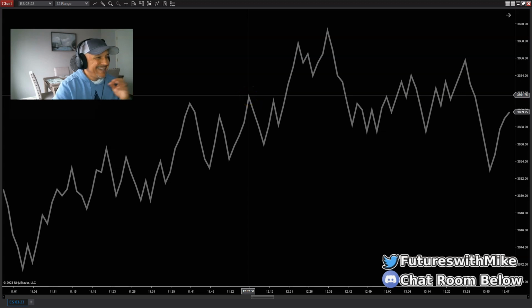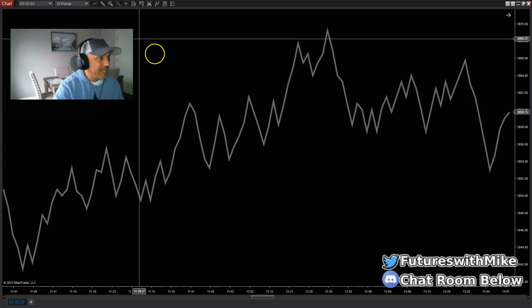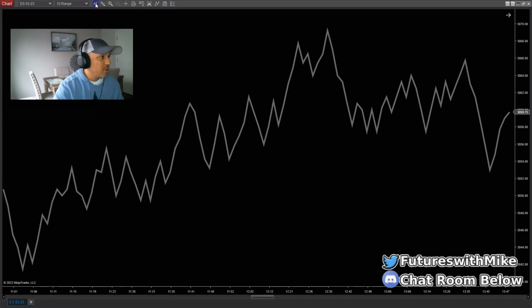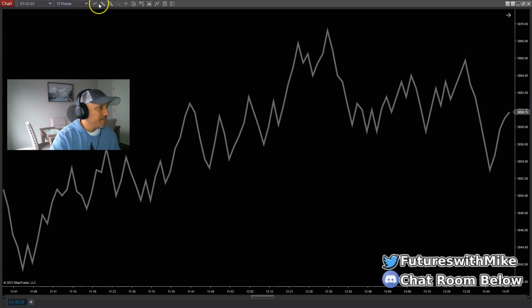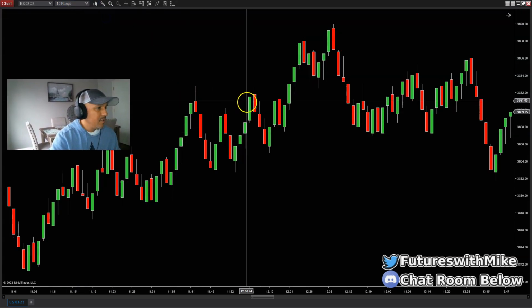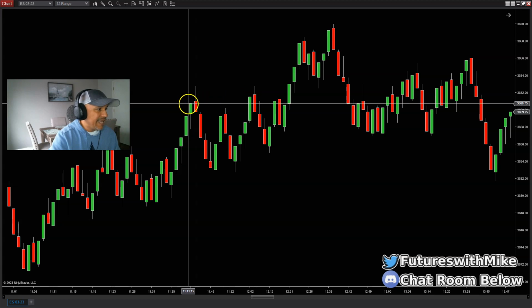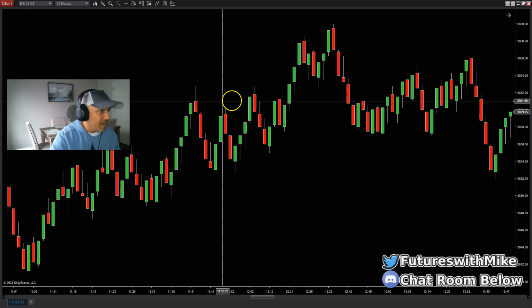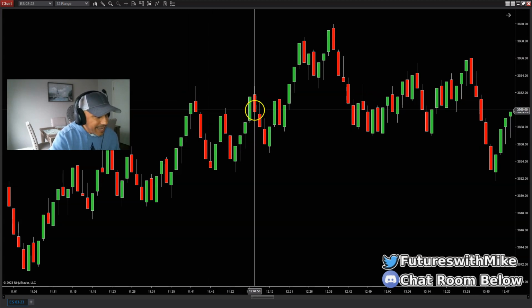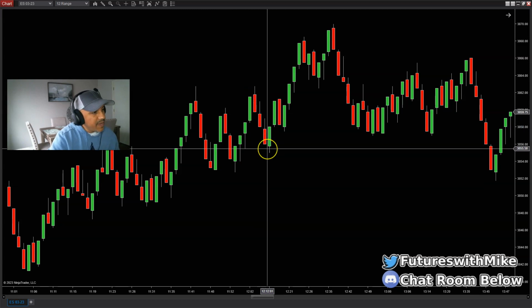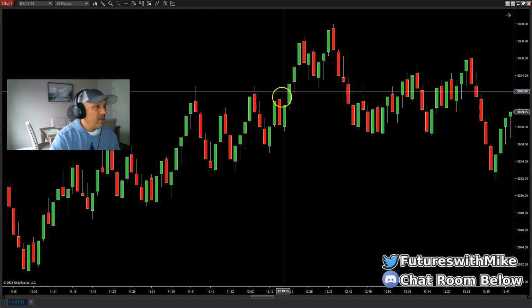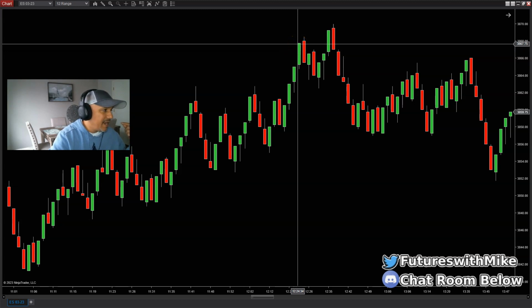It doesn't look to the eye as if it made a new high, but technically speaking, it has. If we go back to the candlestick, boom, see? This green candle moves above this area right here, so it's actually a new high. Pulls back, makes a higher low, swings to the upside, and makes a higher high.